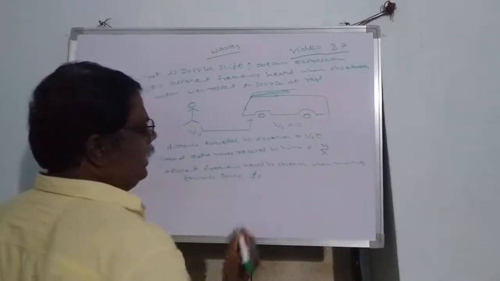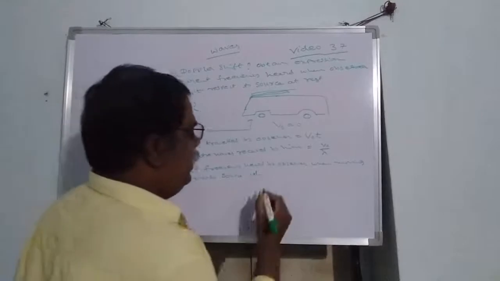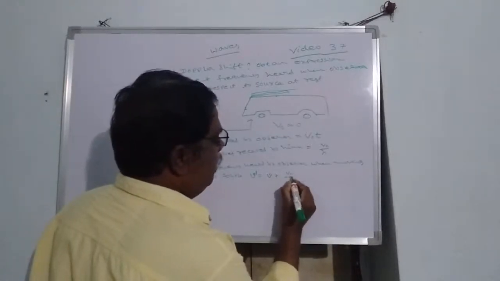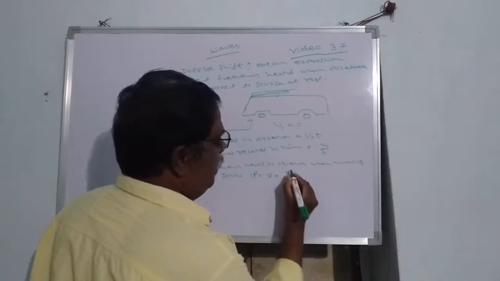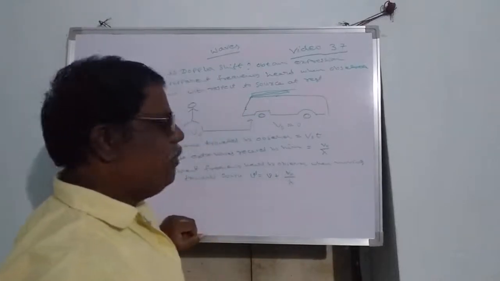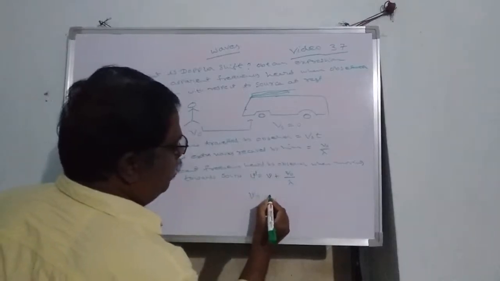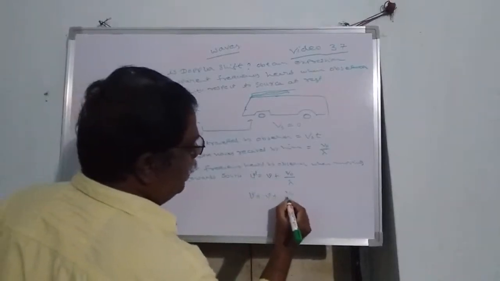The apparent frequency in the first case, mu dash, is equal to the actual frequency plus the number of extra wavelengths received by him, that is V naught by lambda. Therefore, mu dash is equal to mu plus V naught by lambda.